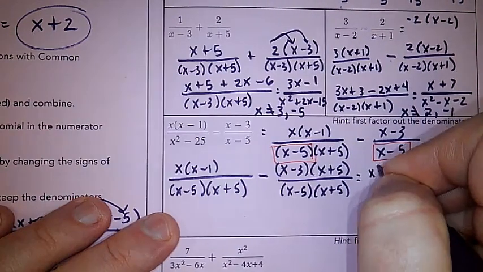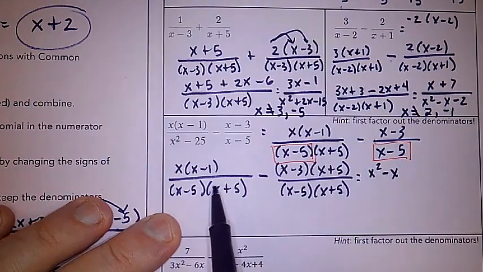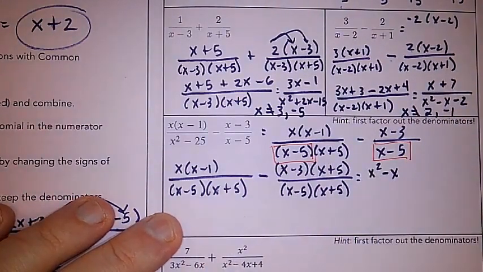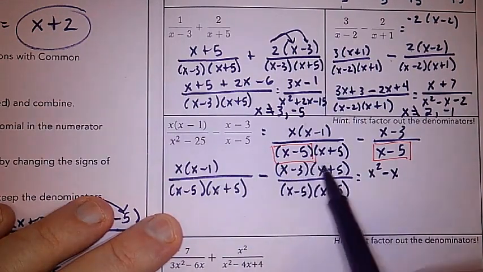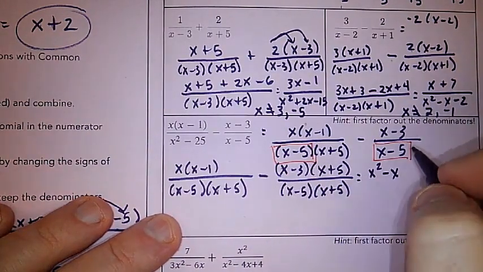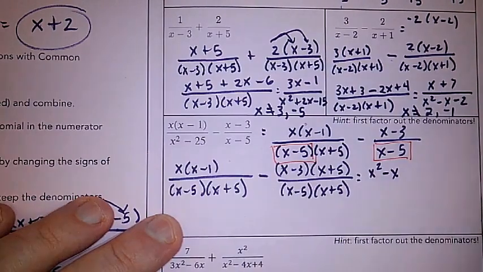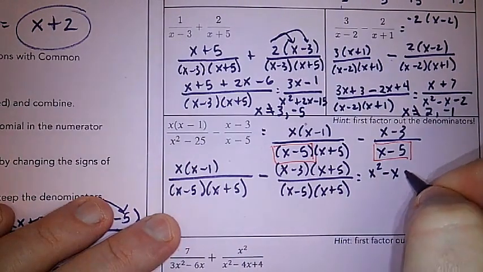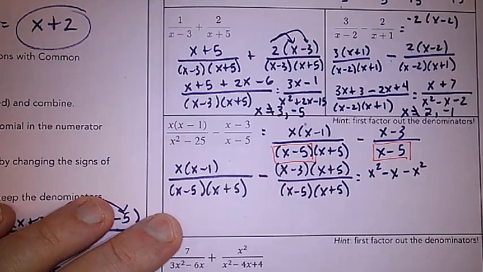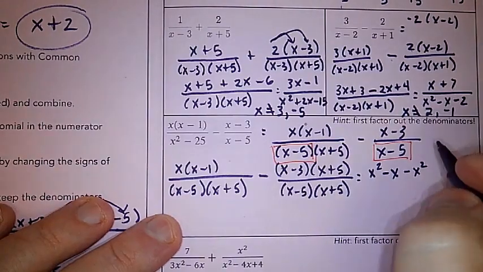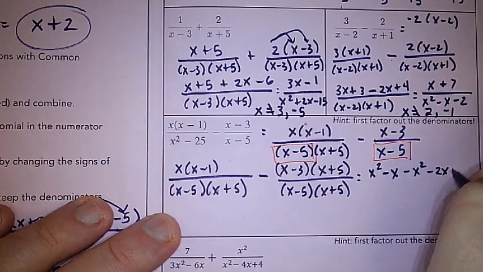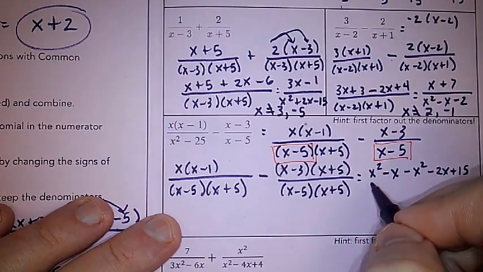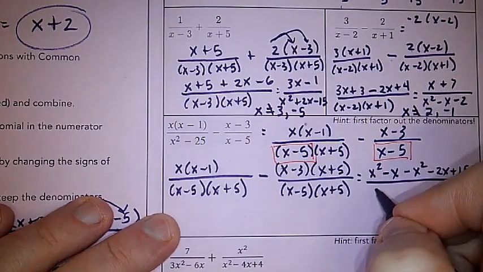That comes from the numerator, my first fraction. Then I'm going to multiply these together, and distribute the negative sign, which is minus x squared minus 2x plus 15. And this is all divided by x minus 5 times x plus 5.